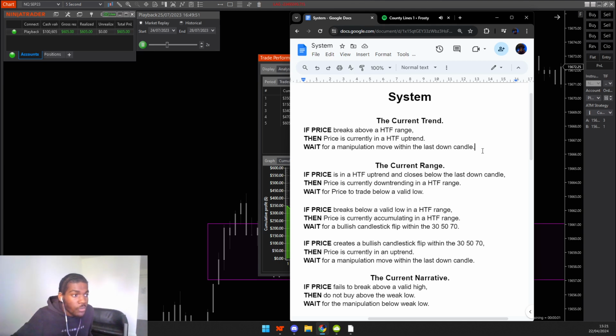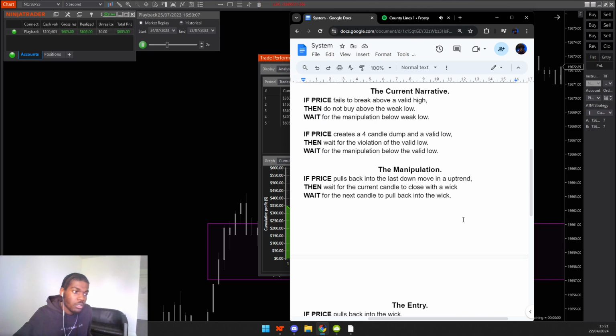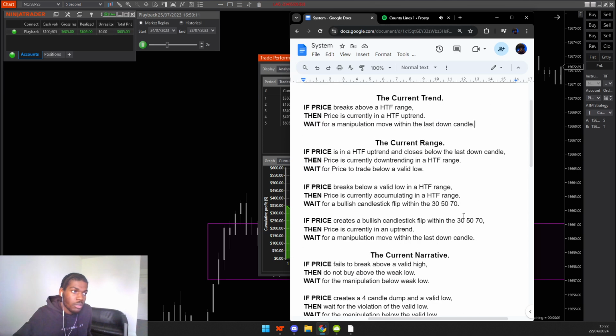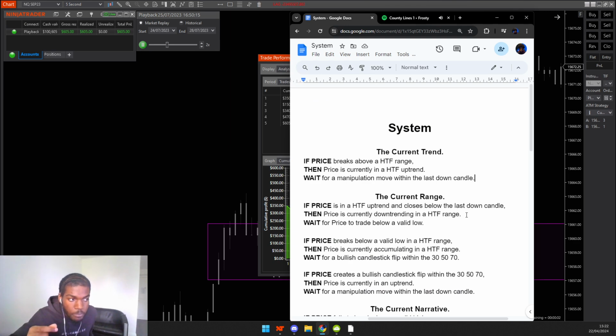Build conviction in yourself that, okay, cool, yes, when price breaks above a higher time frame range, it's currently in a higher time frame trend. And if I wait for a manipulation move within the last down candle, then, observe it. Observe it first. Don't take entries. Just observe it. You feel me?